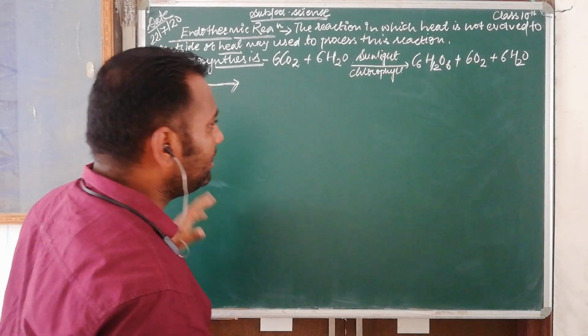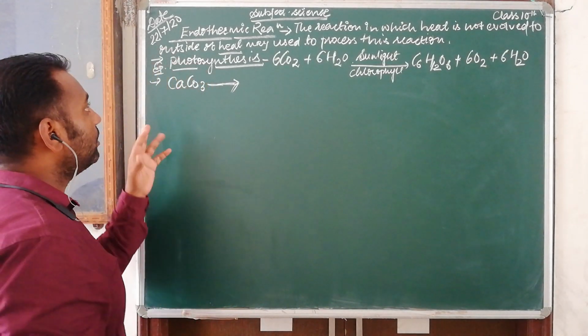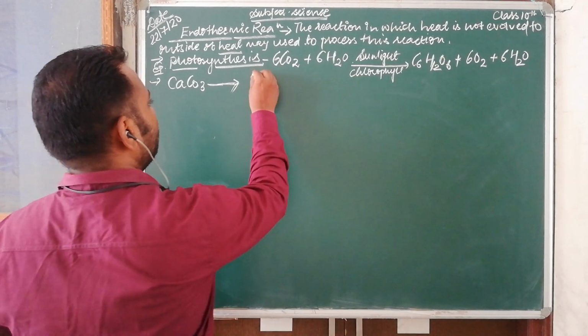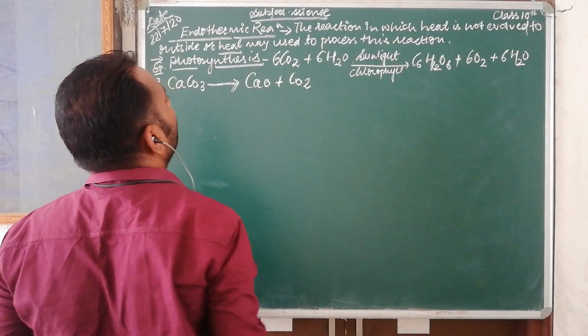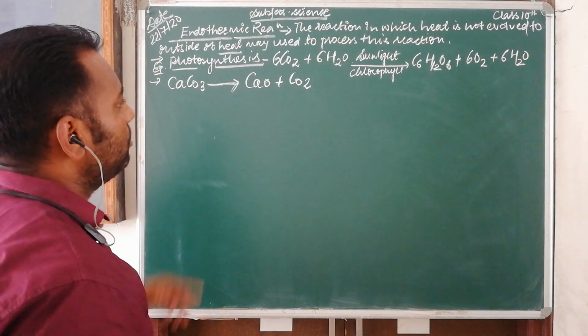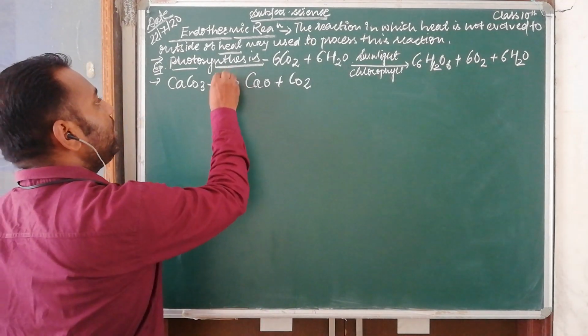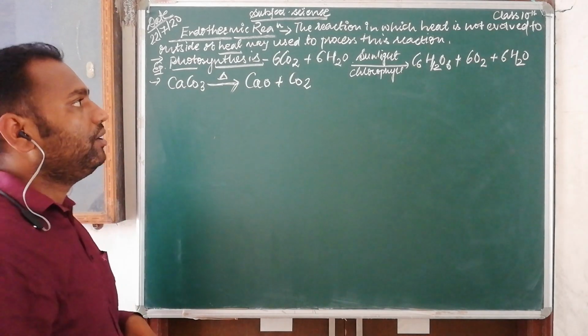So CaCO3 gives CaO plus CO2. This is also an example of this. We need heat here also, and this is the sign of heat.